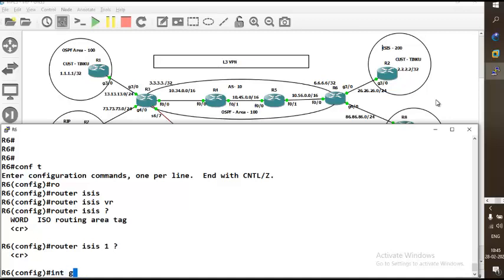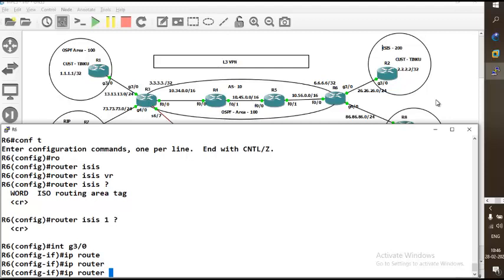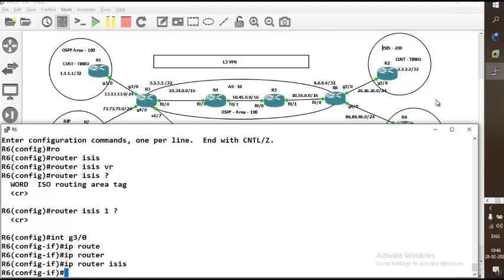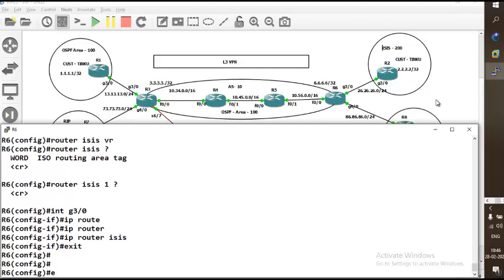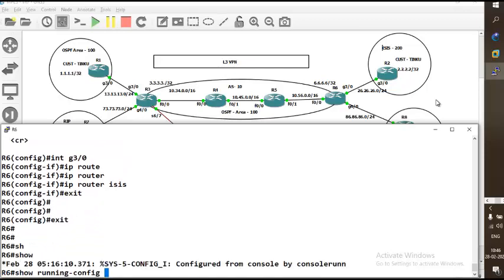Interface G3/0, IP router ISIS. Show run section router.